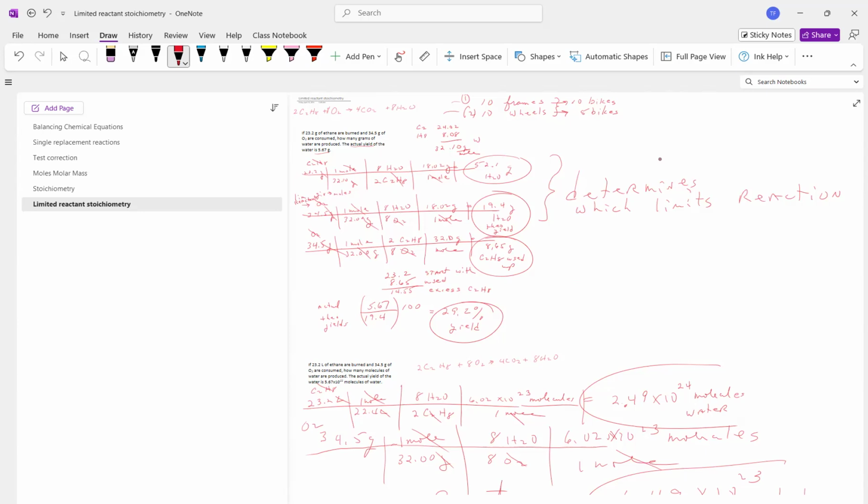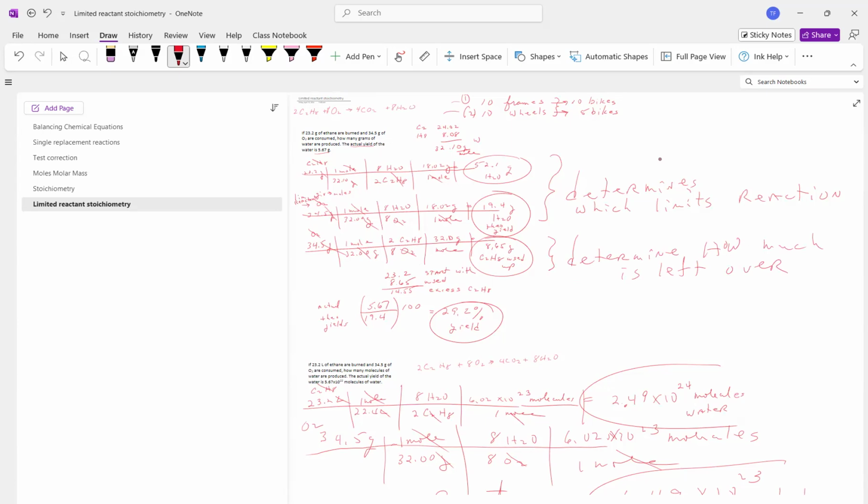Third step: now, the limiting reactant, all of it's used up.